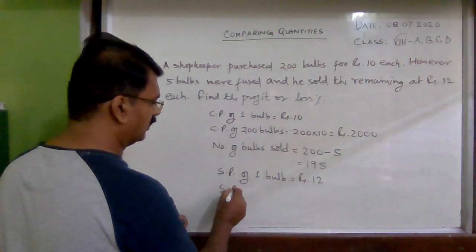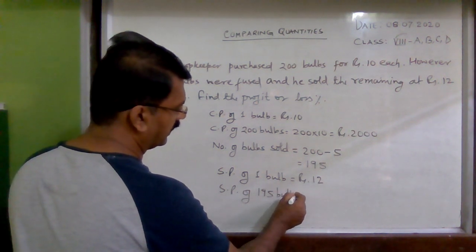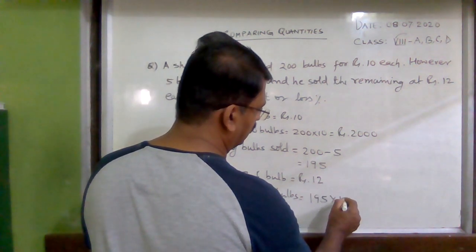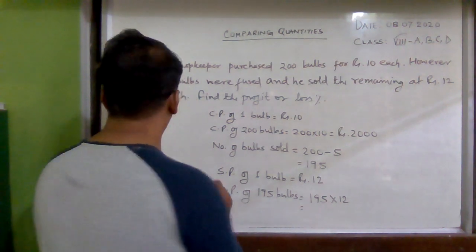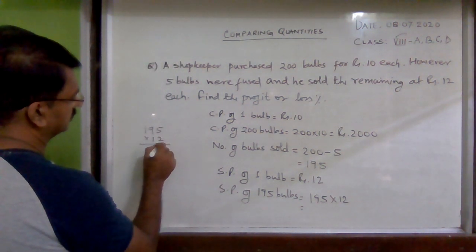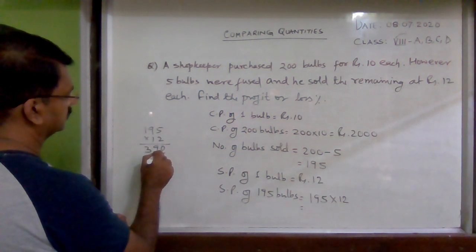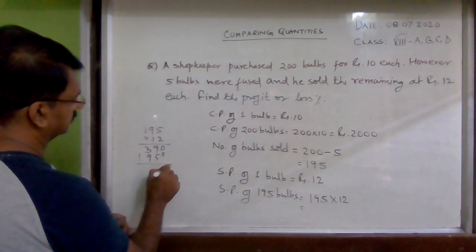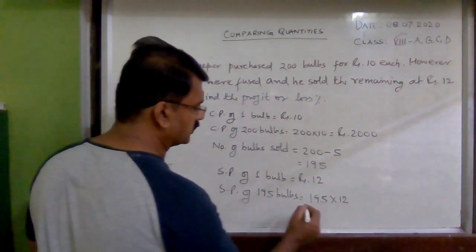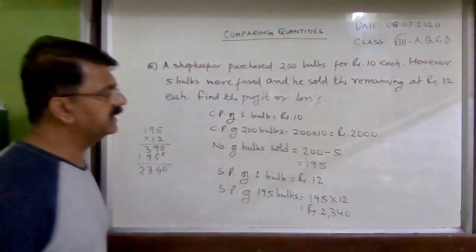So SP of 195 bulbs will be equal to 195 into 12. Now we will multiply 195 and 12. It is rupees 2340.